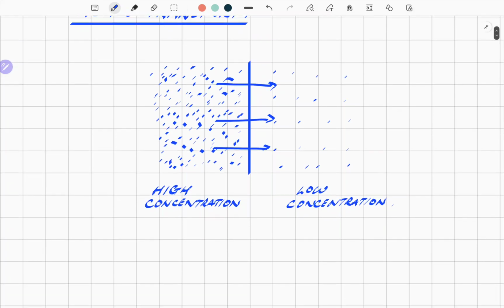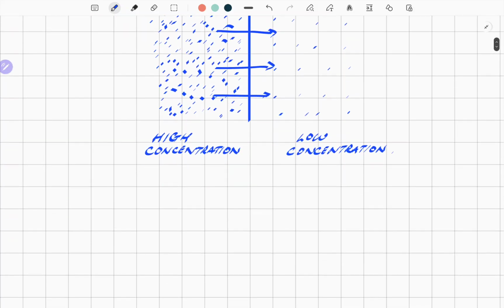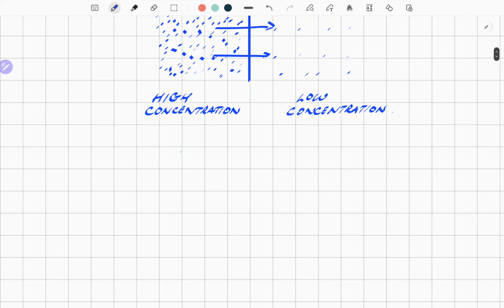Now, remember we represented that as going, if you have two concentration bars, if you like, presenting it like that, and it's going down the concentration gradient, like that.